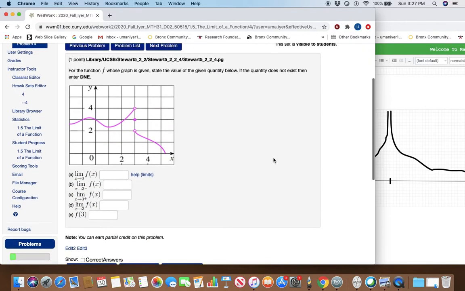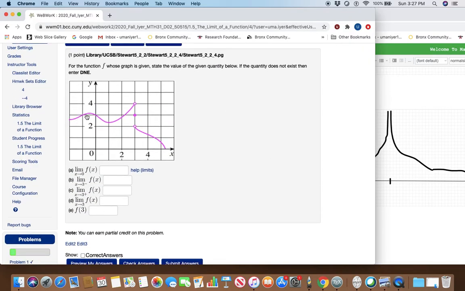Now, here is a function. For the function f whose graph is given, state the value of the quantity. All right, let's see. So somewhere here is 0. The limit as x approaches 0 of f(x): from the left, you're approaching 3. From the right, you're approaching 3.